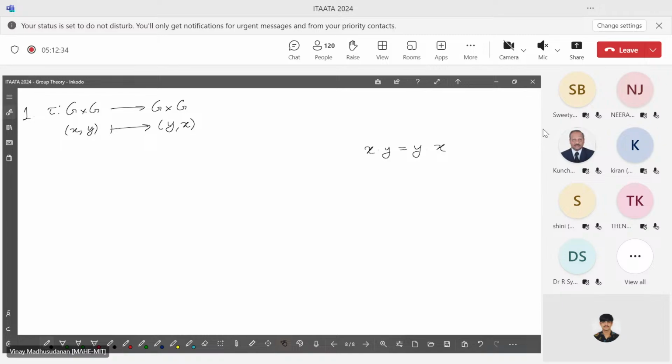If you have a multiplication map m, then x dot y is just m of (x, y), and y dot x is m of (y, x). Then you're done, because this is m of tau of (x, y).